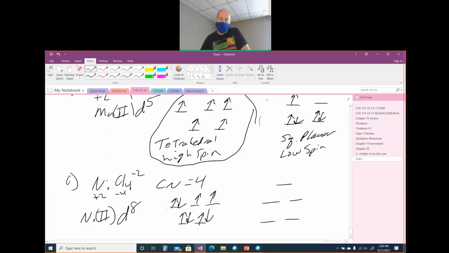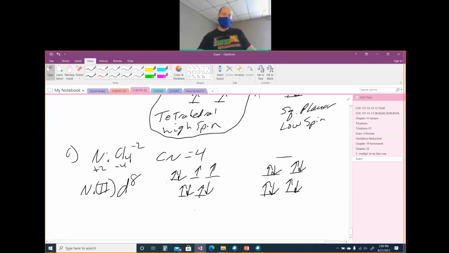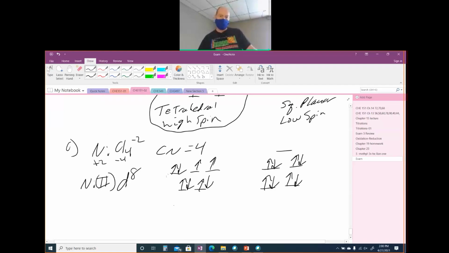If it is tetrahedral, it has 2 unpaired electrons and it is paramagnetic. If it is square planar, it has 0 unpaired electrons and is diamagnetic. And this one says it has 2 unpaired electrons. And so this one is the tetrahedral.